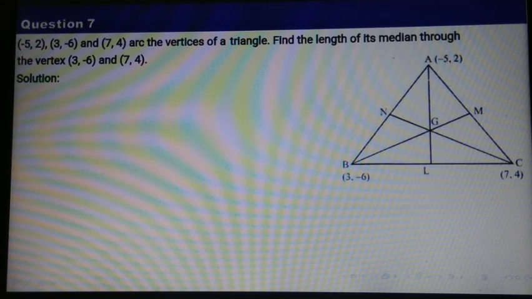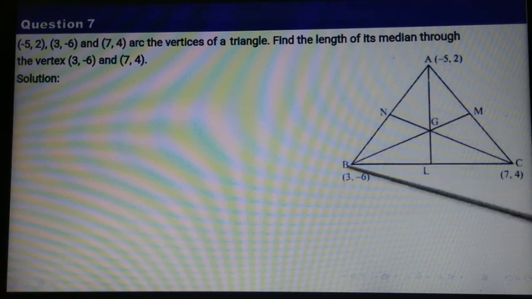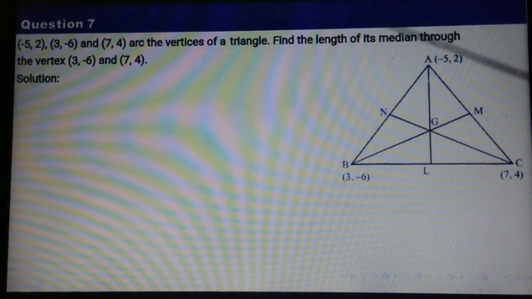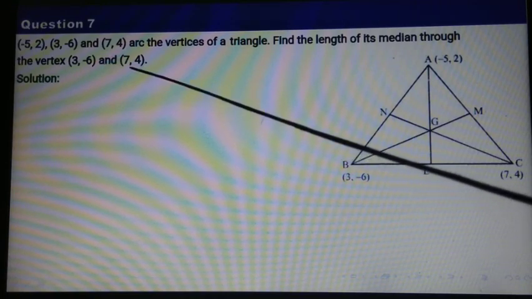So 7th question says minus 5, 2, 3, minus 6 and 7, 4 are the vertices of a triangle ABC. So this is a triangle and the vertices are A, B and C. The coordinates are also mentioned. Fine. Now find the length of its median through the vertex 3, minus 6 and 7, 4.